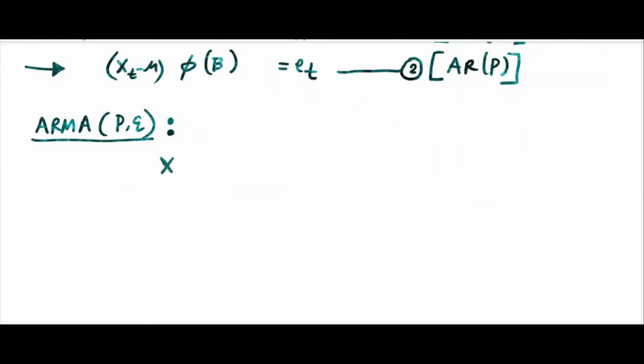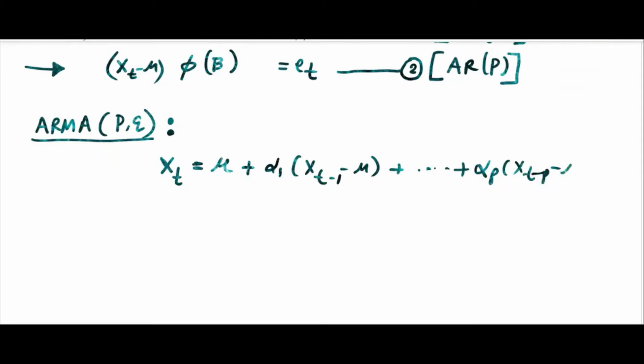If you write the general (p,q) process, you start writing the average value mu plus alpha 1 (X_{t-1} minus mu), then alpha p (X_{t-p} minus mu), then e_t will be the same for both, then beta 1 e_{t-1} up to beta q e_{t-q}. We will not write e_t anymore; this is common to both processes.